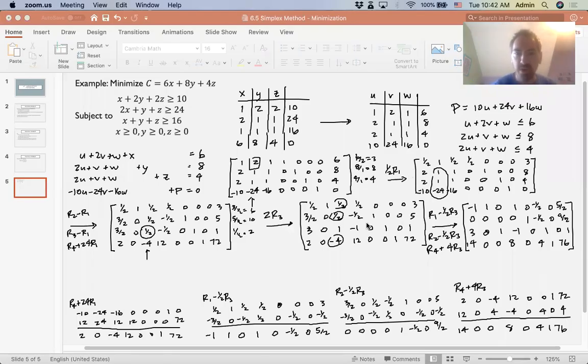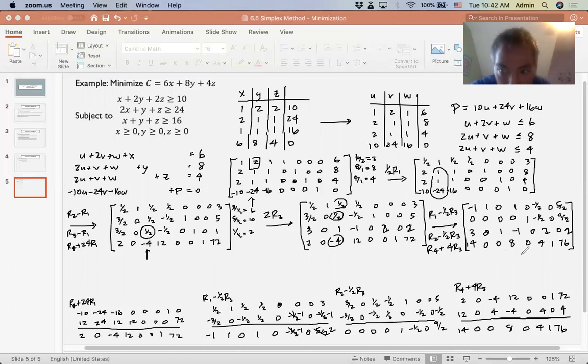After going back through my work, you may have already seen this and been scratching your head. When I multiplied 2 times row 3, I didn't multiply these 1s, so these should have been 2s. So right here, minus 1/2 times row 3, these should have been negative 1, which is 2.